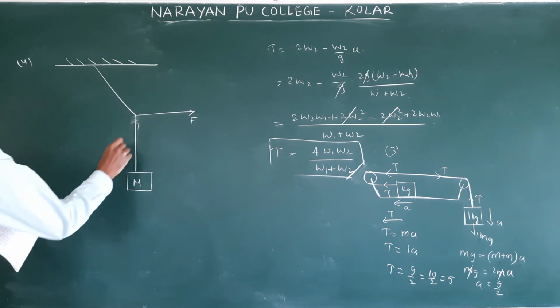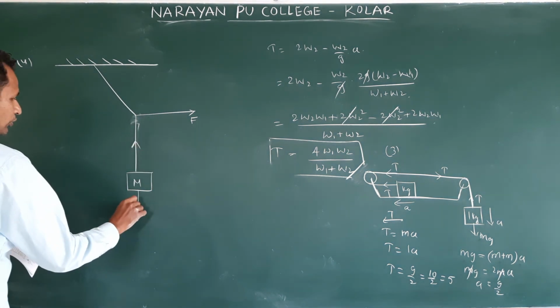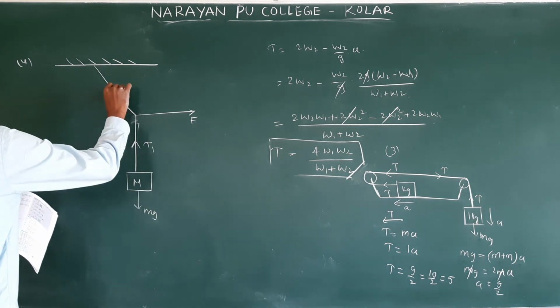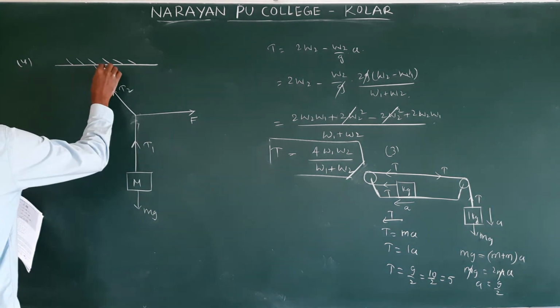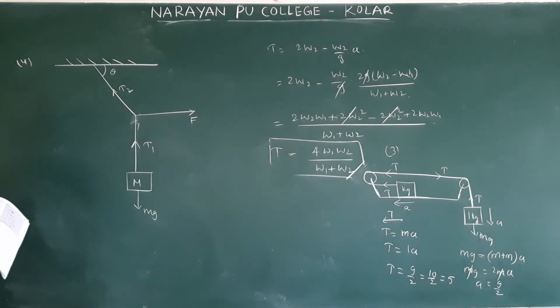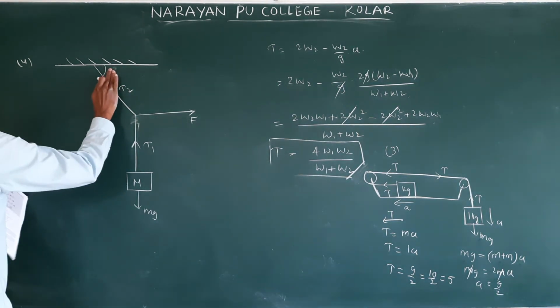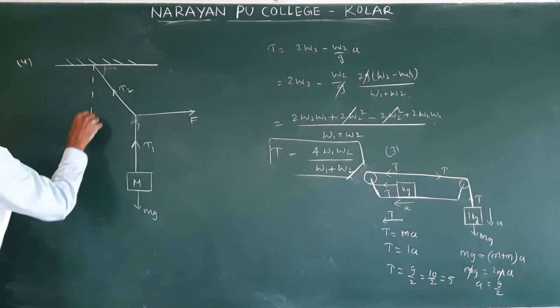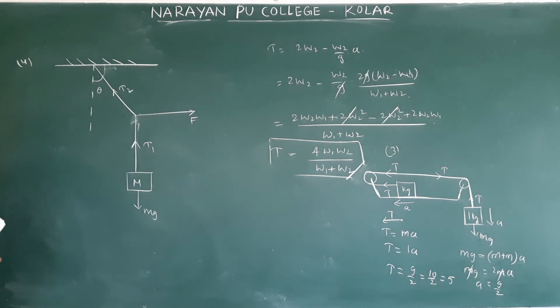Okay, this tension acts upwards. This is mg, let us say this is T and this is T2. It is making an angle, not with the roof, but with the vertical. Then draw the free body diagram.